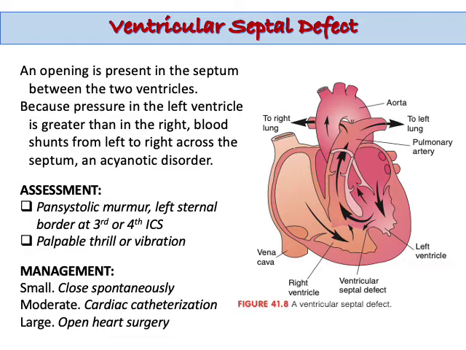And large ones, over 3 millimeters in size, must be operated on through open heart surgery before 2 years of age, and this is to prevent pulmonary artery hypertension. Post-operatively, it's important to give prophylactic antibiotics for 6 months to prevent bacterial endocarditis.